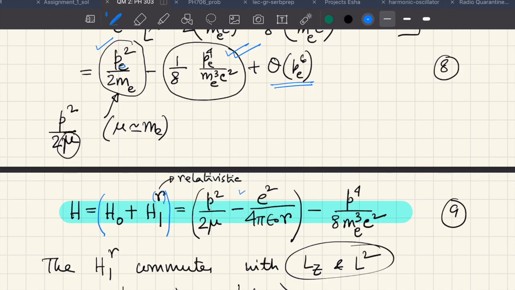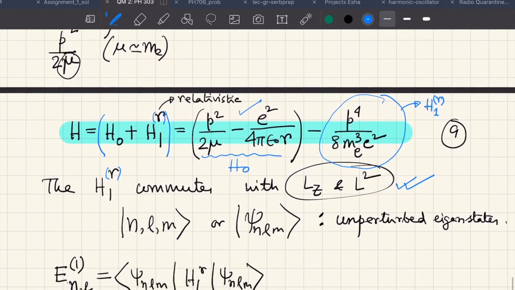So we have p square by 2 mu minus e square by 4 pi epsilon naught r as my H naught, and this correction, p to the power 4 by 8 me cube c square, is my H1 R. So this is the system that we are going to deal with, where this H1R commutes with Lz and L square because of the spherical symmetry.